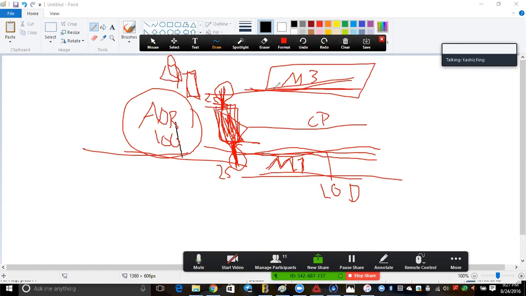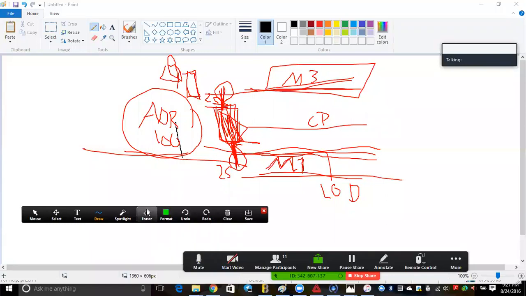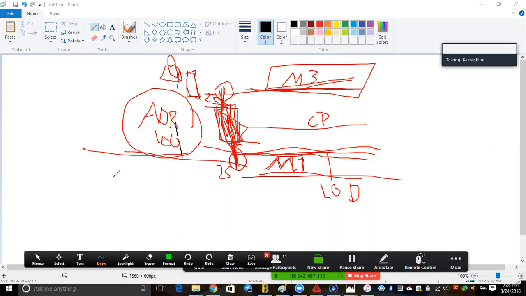Now let's do it the other way around. If the daily candle closes green, and you're in a market maker up cycle, the projection for the LOD is M2.